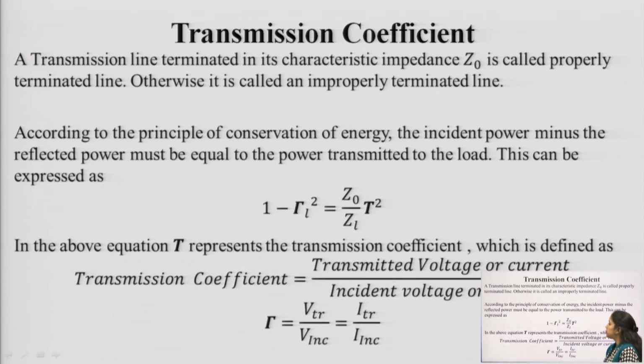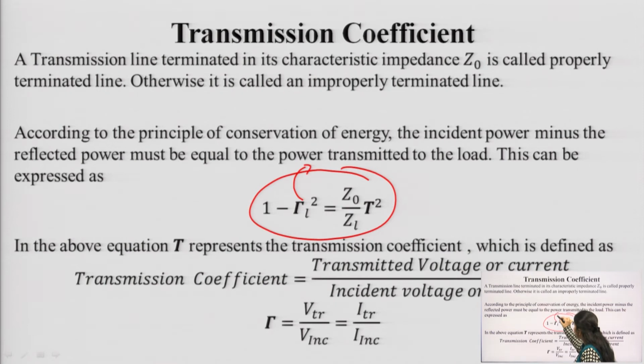So, as per the principle of conservation of energy, the incident power minus the reflected power will give the transmitted power, and when we find out the expression, we will obtain it like this. This is our reflection coefficient and this is our transmission coefficient. We will discuss the equation of the power later on.